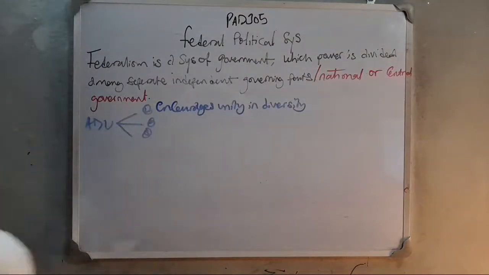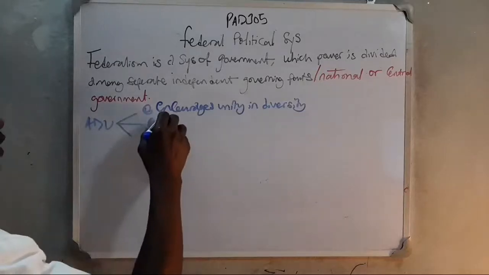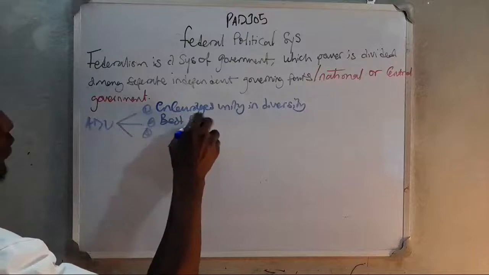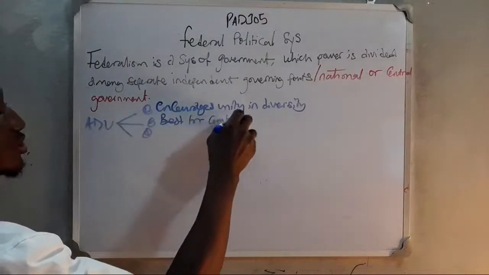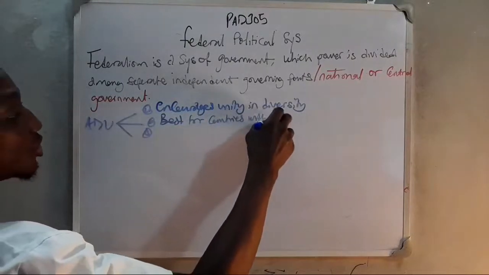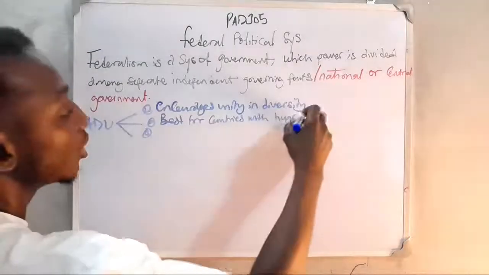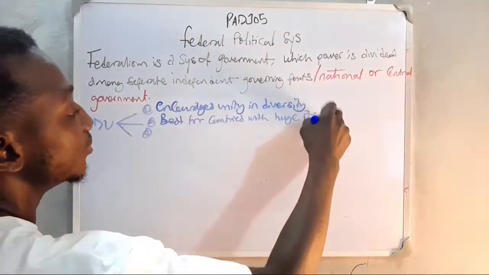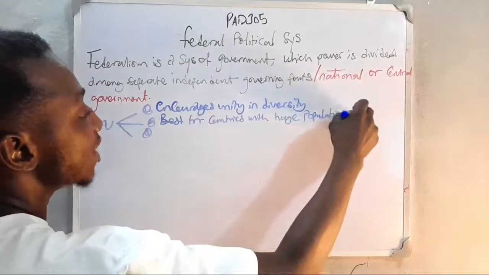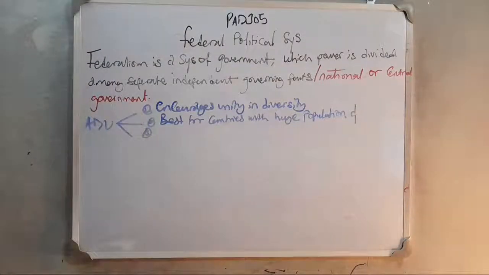Federalism is an ideal system of government for countries like the US, China, Russia, with huge population and territorial size. It is best for countries with huge population and territorial size.